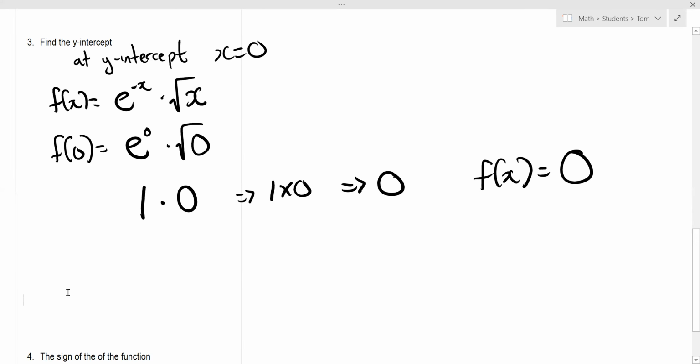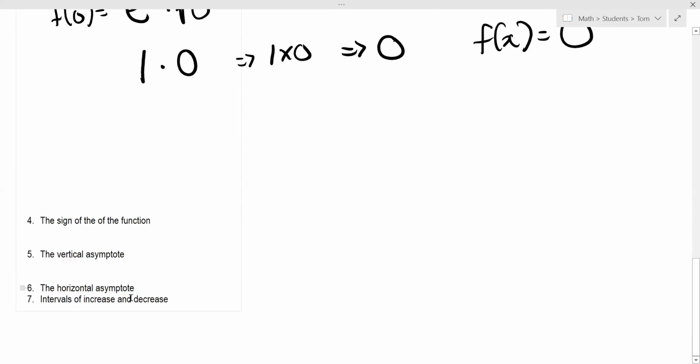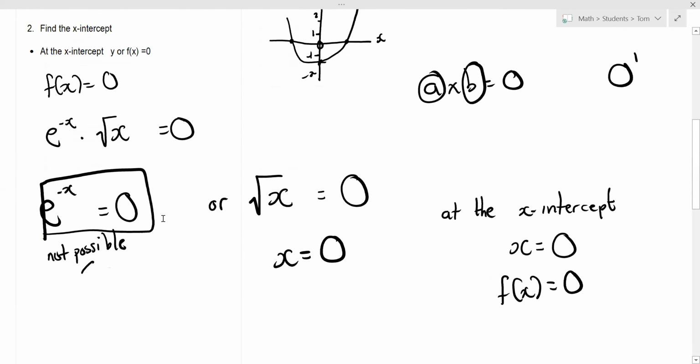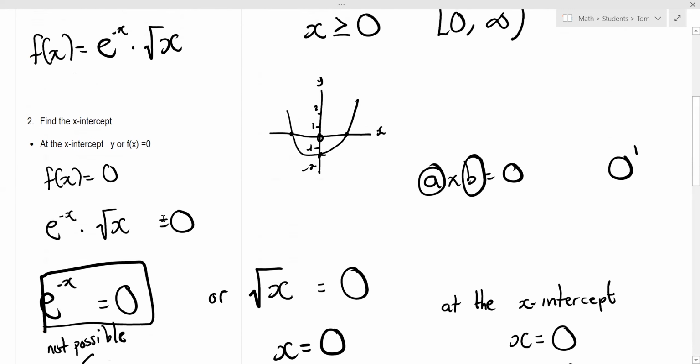Now, what is the sign of the function? The sign of a function depends on the function. Going back to this curve, if it's above the x-axis, it's positive, because y here is positive, so f of x is positive.